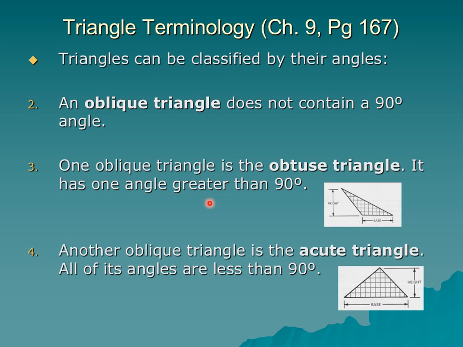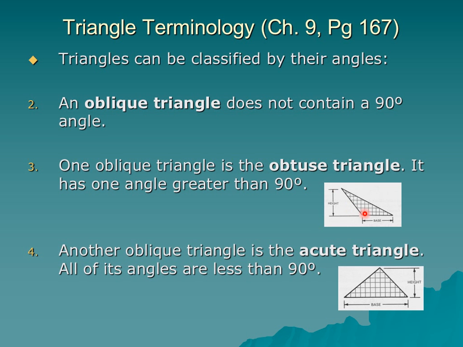So we're still trying to classify triangles by their angles. We have one triangle called an oblique triangle that doesn't have any 90 degree angle, but again all the angles will total 180 degrees. An oblique triangle can be of two different types. One is called an obtuse triangle, where you have one angle that is more than 90.